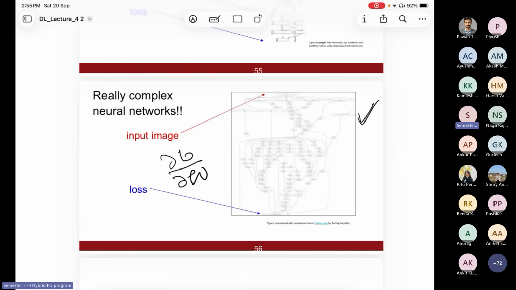The first one was also a complex scenario, but this one is more complex and will be more difficult. So don't go with directly calculating this gradient. Instead, we'll follow backpropagation by using a computational graph, and backpropagation is just applying the chain rule.